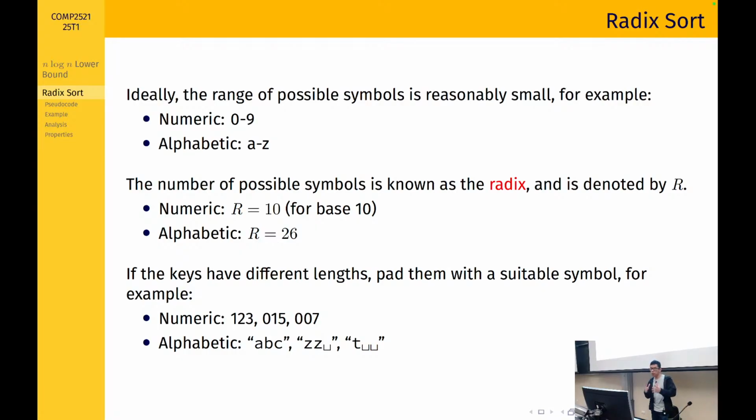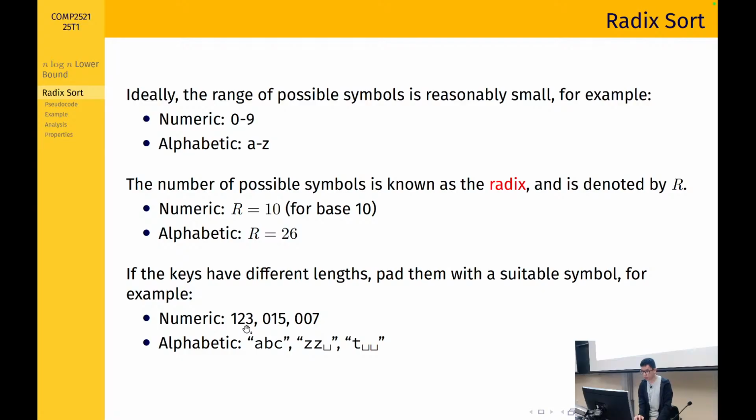Another assumption that we make about radix sort is that the keys have the same length. But if they have different lengths, then that's still okay. What we can do is pad them with a symbol to make all the keys have the same length. Depending on what kind of key we have, you might need to pad them in different ways.